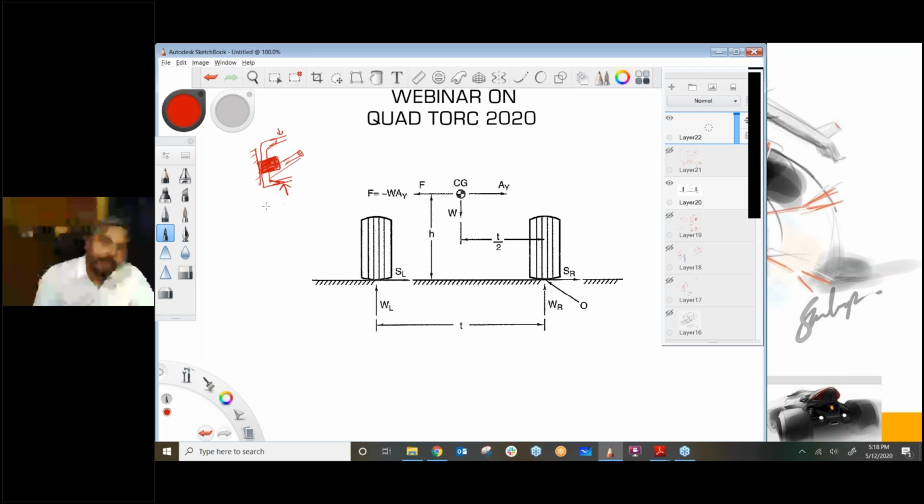Now after this arrangement you will be calculating inner wheel angle, outer wheel angle, turning radius, track width, wheelbase.